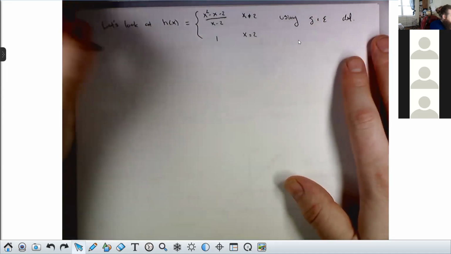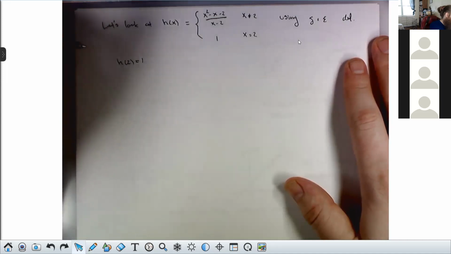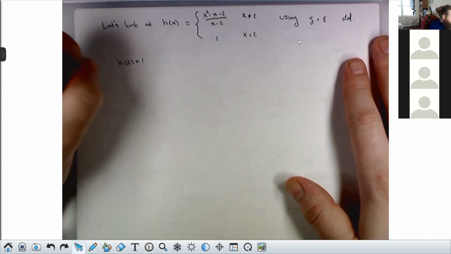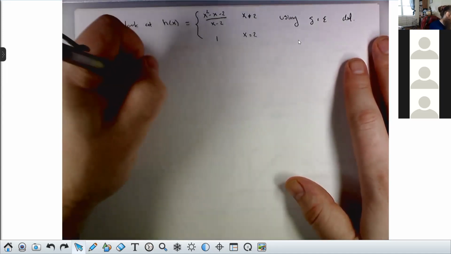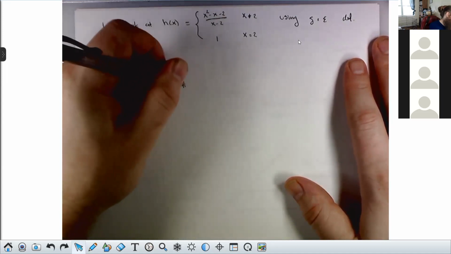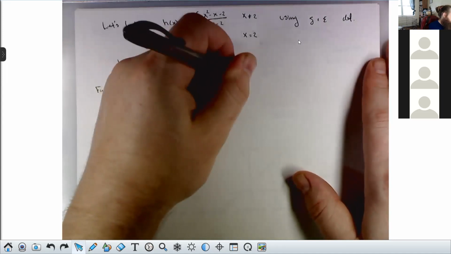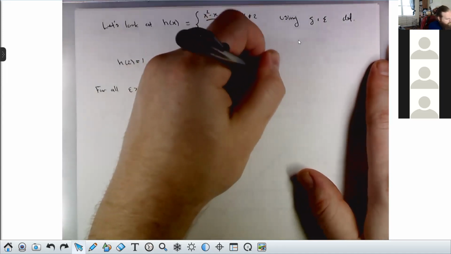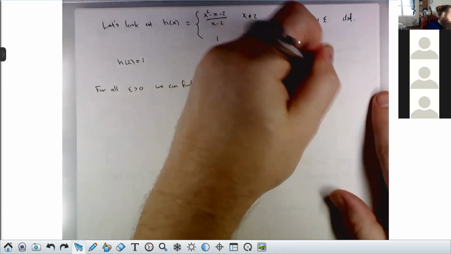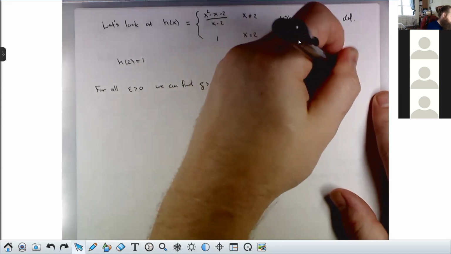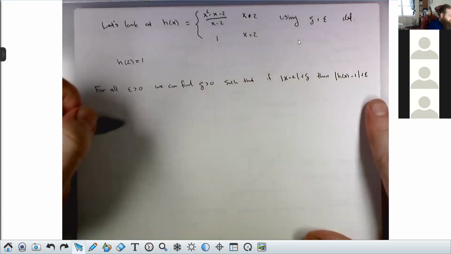Well, here, let's just put in the pieces, right? I know that h of 2 is defined to be 1. So we would be saying for all epsilon greater than 0, there exists a delta greater than 0 such that if the absolute value of x minus 2 is less than delta, then the absolute value of h of x minus 1 is less than epsilon. We'll redraw the picture.